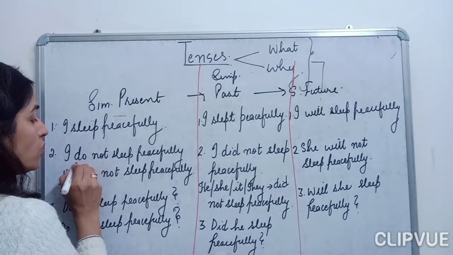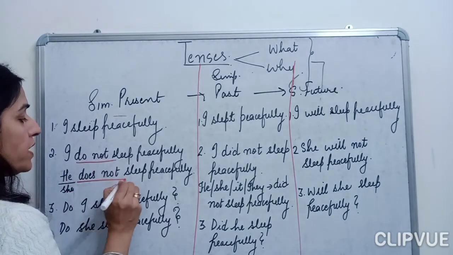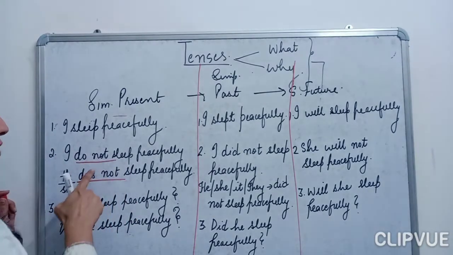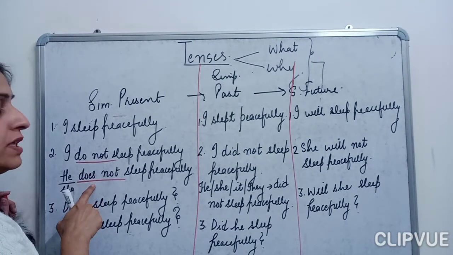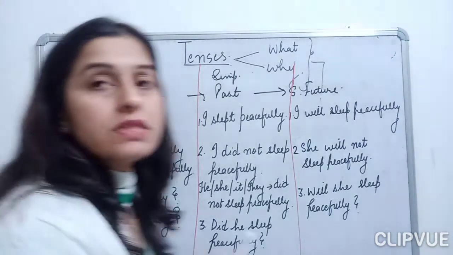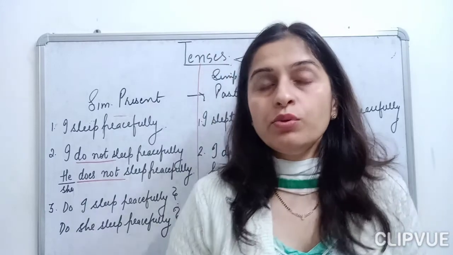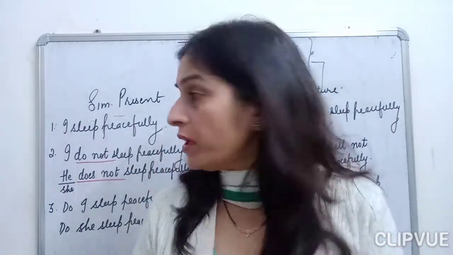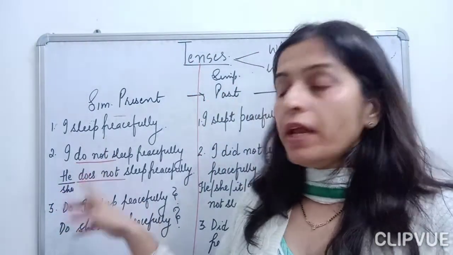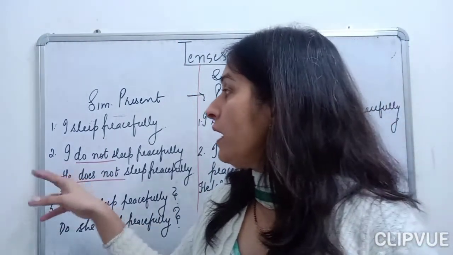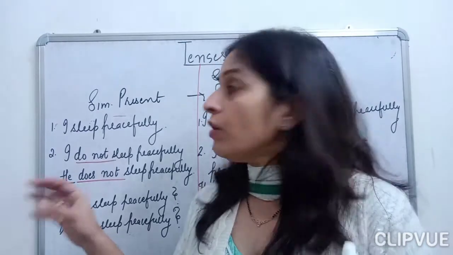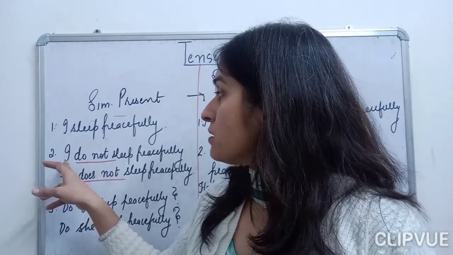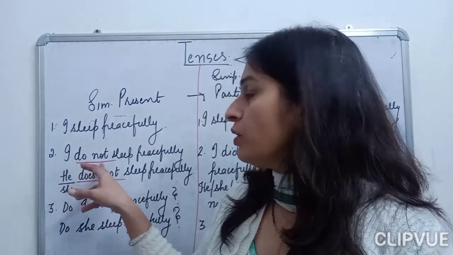By using do not and by using does not. We use does when we use subject as he, she, it. Okay, and we use do when we use subject I, we, they.